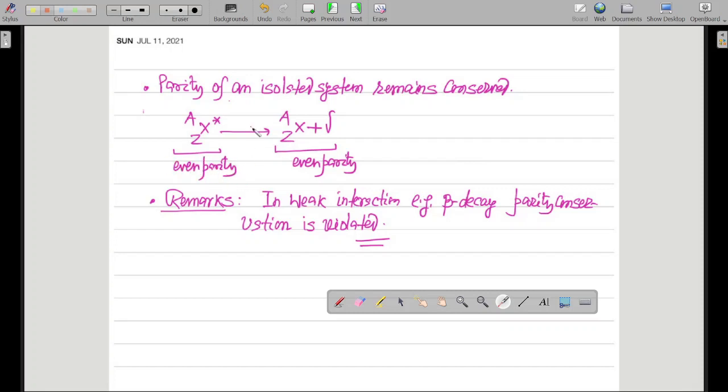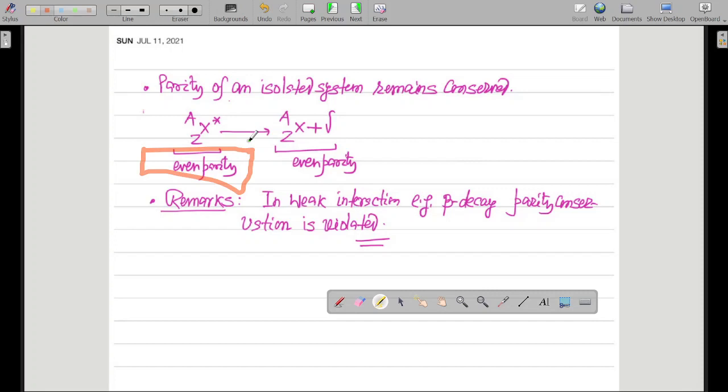After that, from the excited state the nucleons come back to the ground state, and after the nucleons jump from the excited state to the ground state, the nucleus comes to the ground state, and gamma rays are emitted in this particular process. So suppose we take an example, suppose this nucleus had even parity.